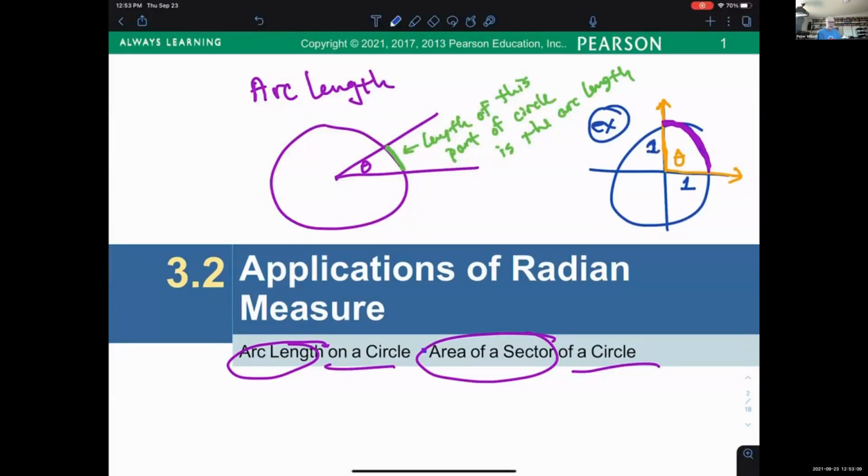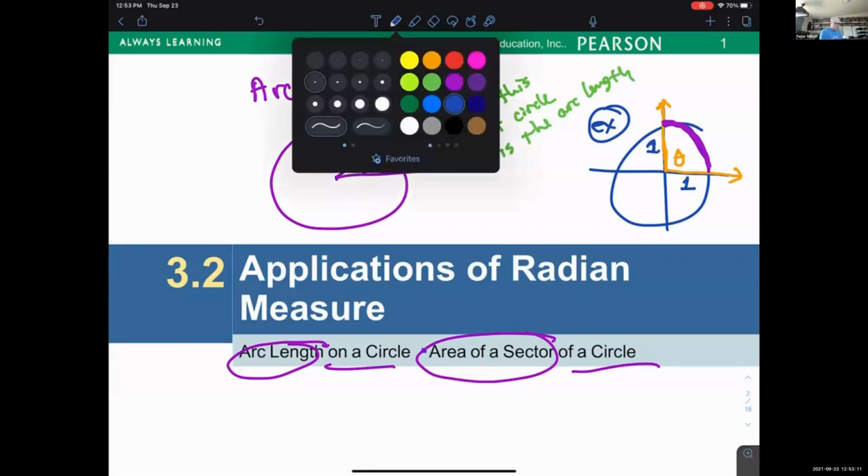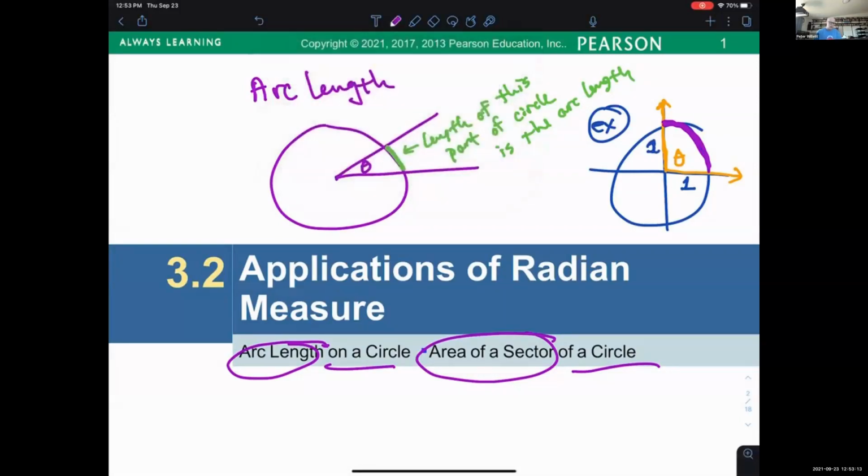Then the length of that arc, from our discussion last time, we know 2 pi is the circumference all the way around the unit circle. So if I cut that into fourths, because this is 1/4 of all the way around, then that would give me that theta is equal to pi divided by 2. 2 pi divided by 4, or pi divided by 2.